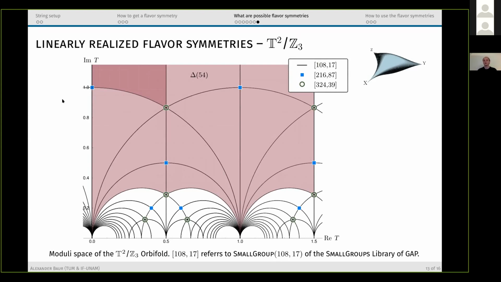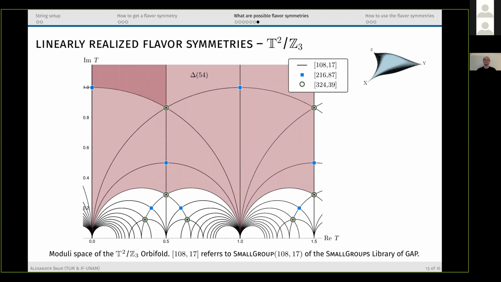Of course, we can also draw the same picture for the Z2 orbifold, but I thought there wouldn't be a lot of insight in that. A thing that I wanted to mention is that from 54 to 108, it's a factor of 2. This is because on all those black lines, the T prime finite modular symmetry gets broken completely, but the CP-like Z2 symmetry is the one that does not get broken.